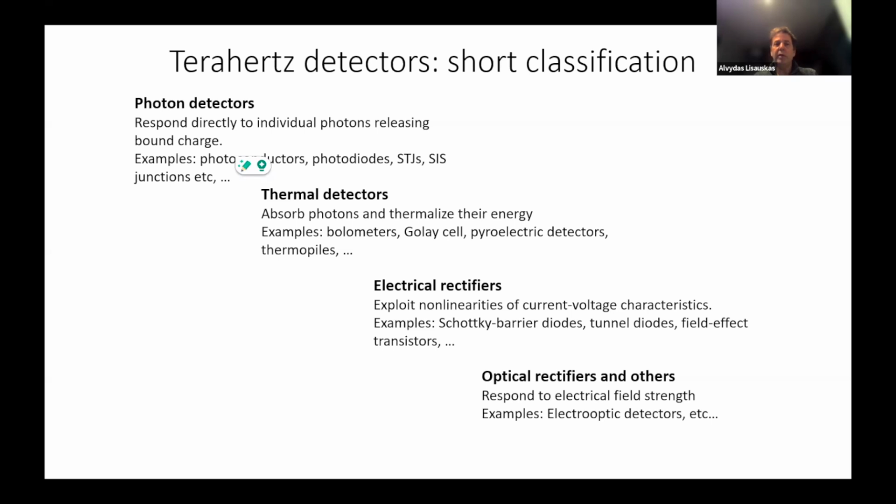Although for the longest time thermal detectors, photon detectors, and rectifiers have been used, using femtosecond lasers and exploiting optical rectifiers was the boost to the field, where we then entered back into other standard detection phenomena.